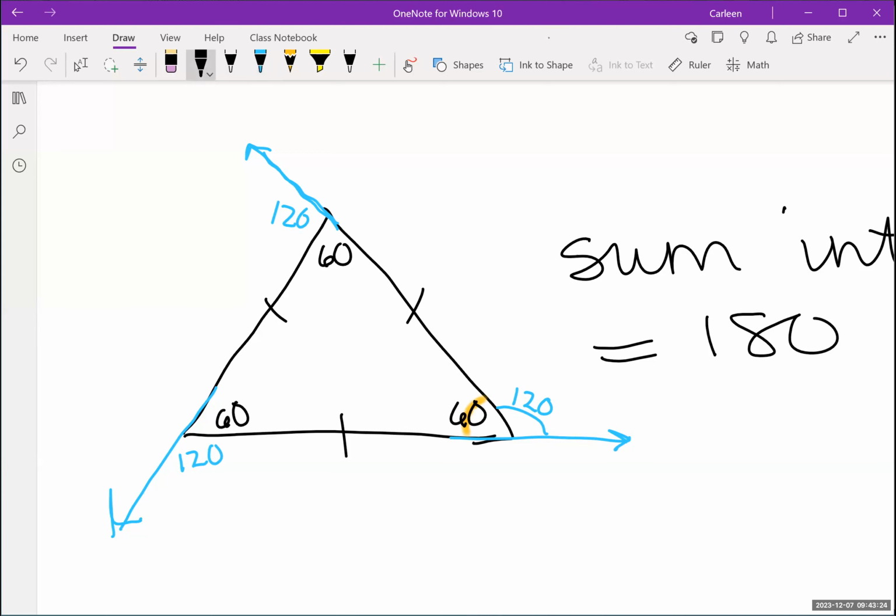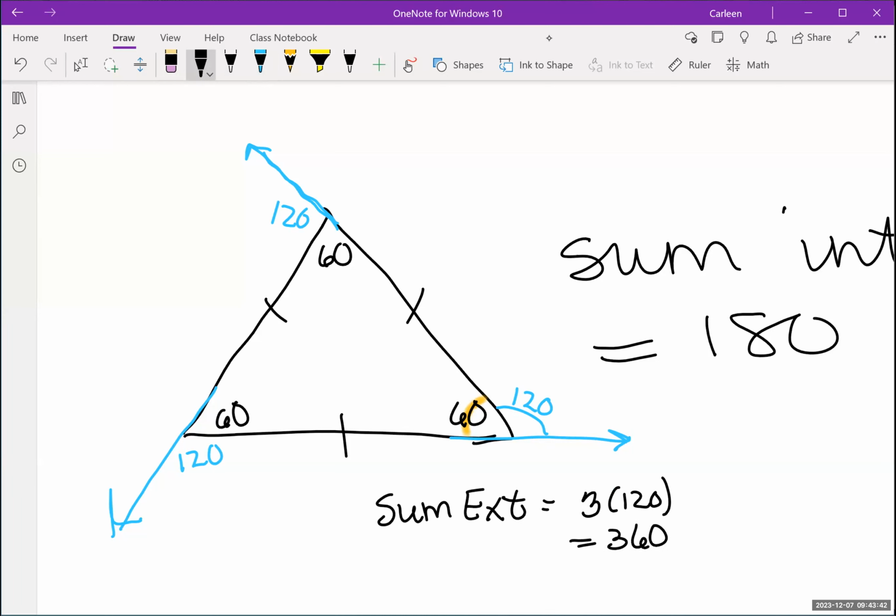So now what would the sum of the exterior angles of an equilateral triangle be? We have three 120s, which is 360.